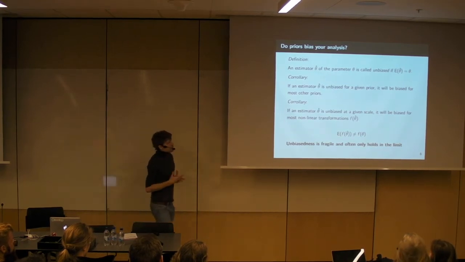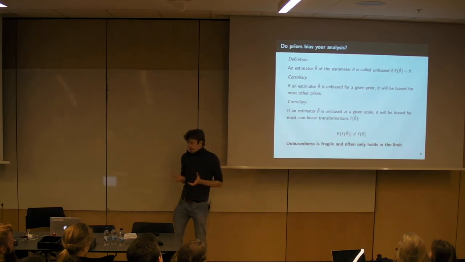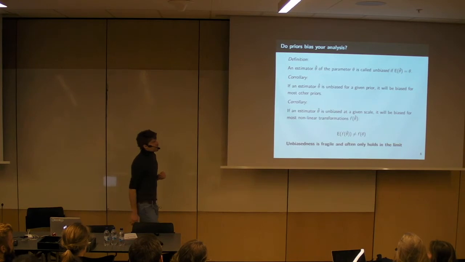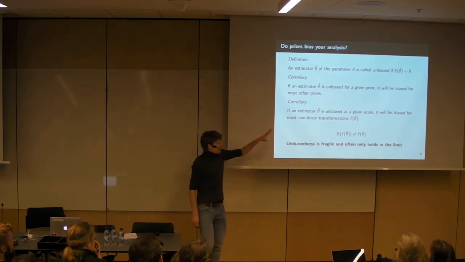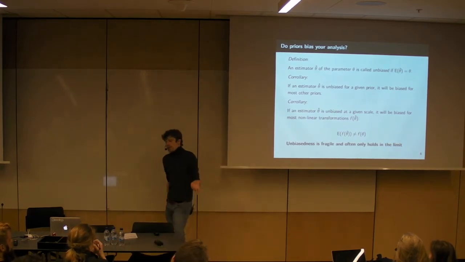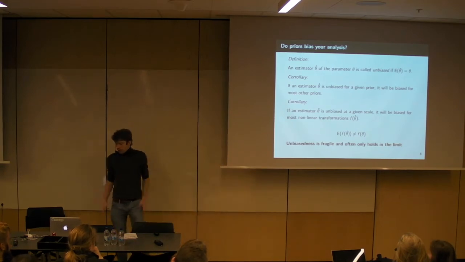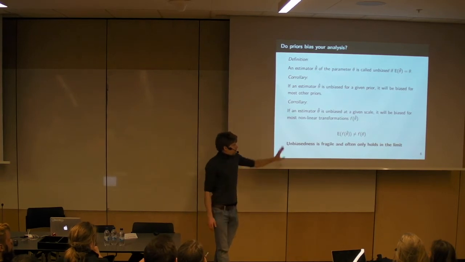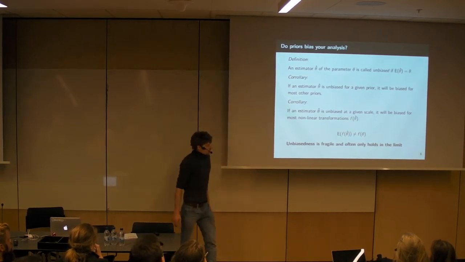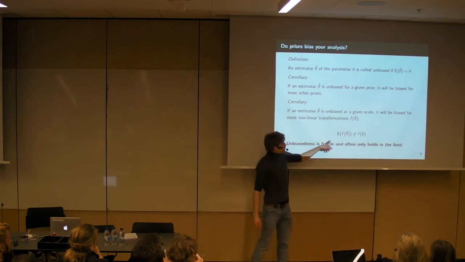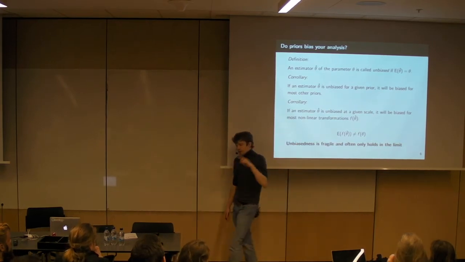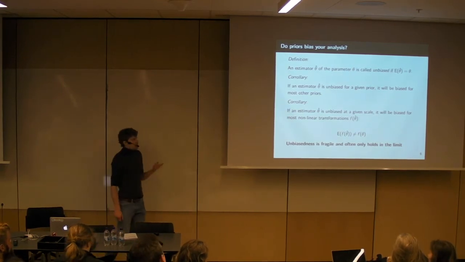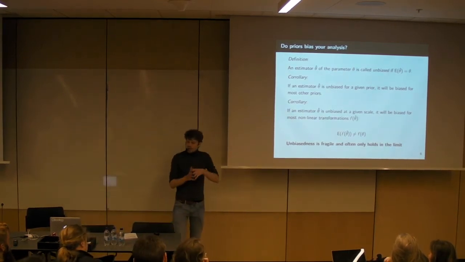But what I want to show you briefly is that biasedness or unbiasedness is fragile anyway from different perspectives. For instance, if we have an unbiased estimator at a given scale, and we transform this estimator using some nonlinear transformation, for instance, an exponential transformation, call it f, then we know pretty surely that the expected value of the transformed estimator will no longer be the transformed value of the parameter.